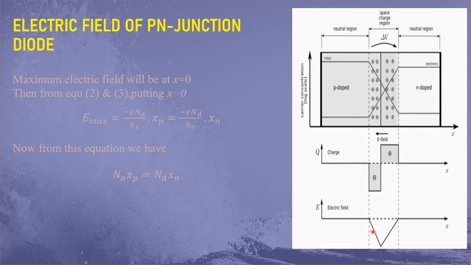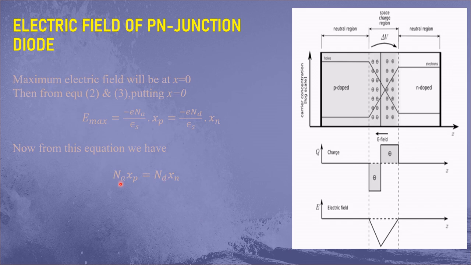For a uniformly doped p-n junction, the electric field is a linear function of distance through the junction, and the maximum electric field occurs at the metallurgical junction. That means an electric field exists in the depletion region when no voltage is applied between the P and N region. So this is the statement.